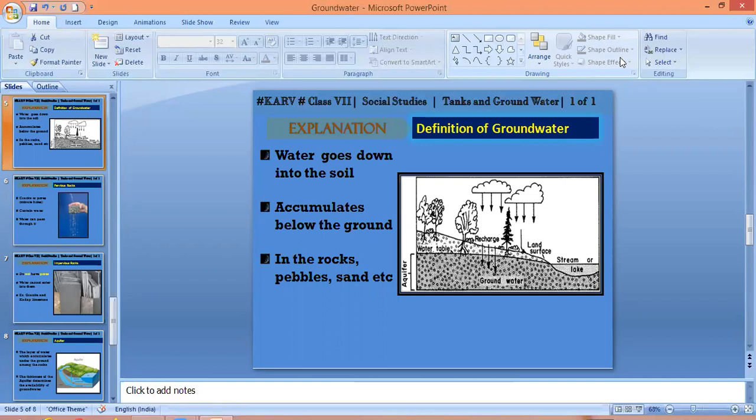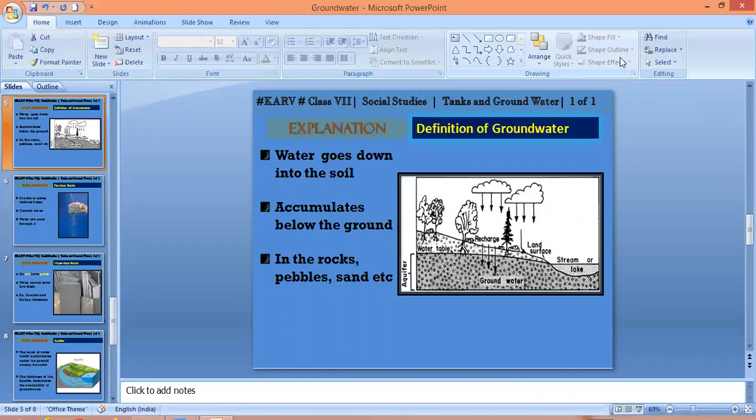The soil is absorbing it, or the water is getting percolated into the soil. When it rains also, we observe some amount of water going down into the ground. So what is groundwater? The water which goes down into the soil and gets accumulated below the ground, collected in the rocks, pebbles and sands. That is called groundwater.